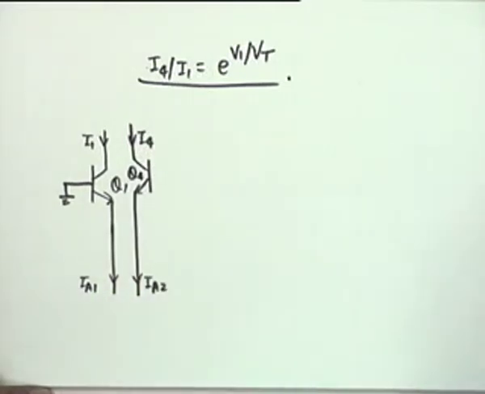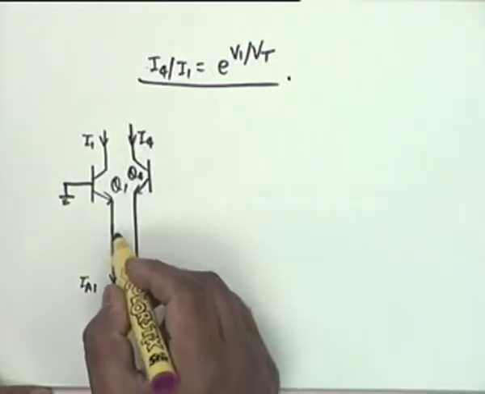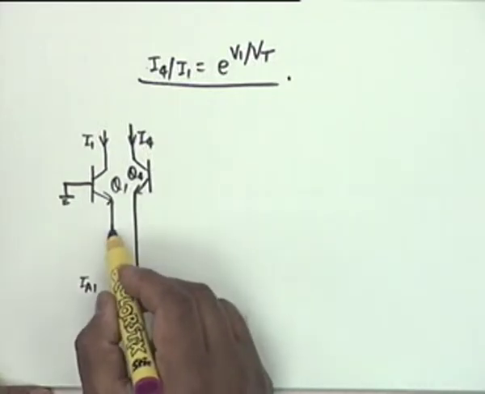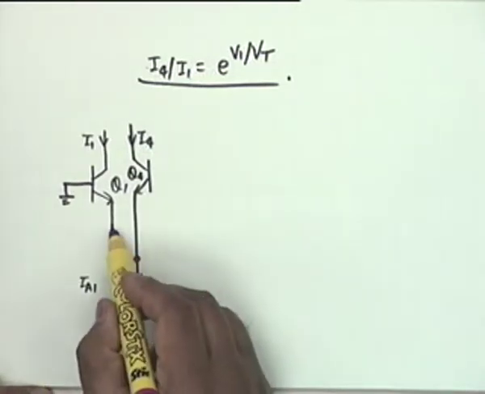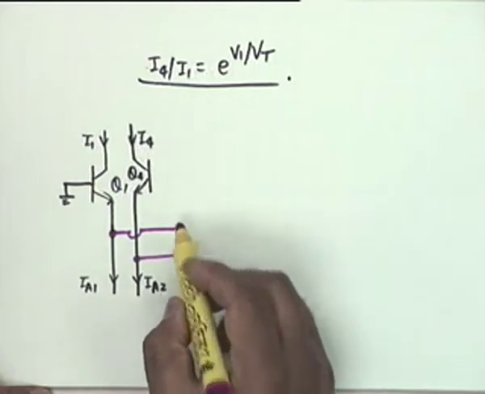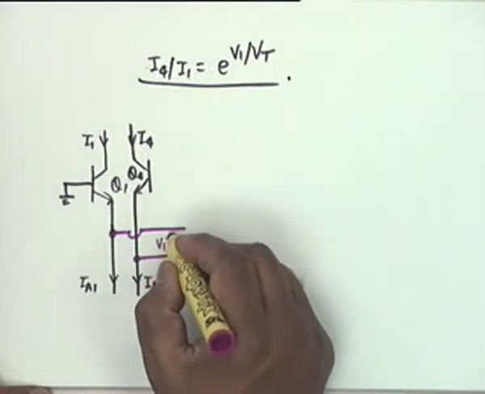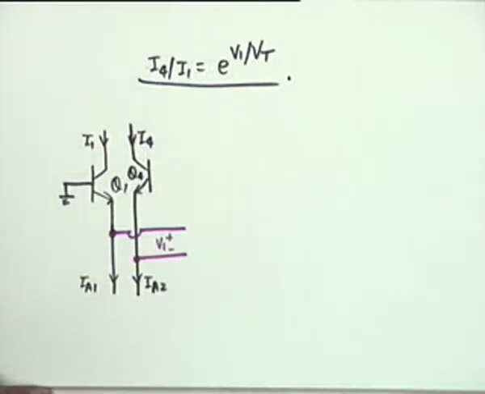The difference, now let me use a different color. The difference between this point, which was C in the previous circuit, and this point is V1. So let's take this line. This is V1. Okay.